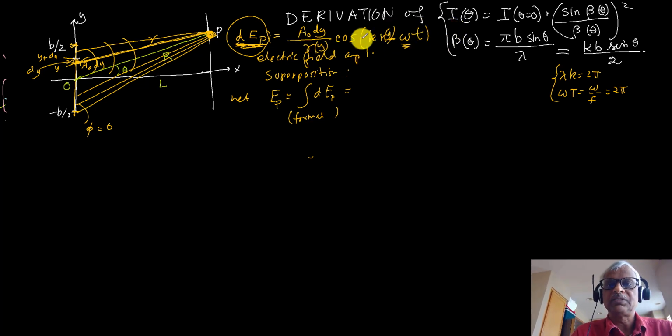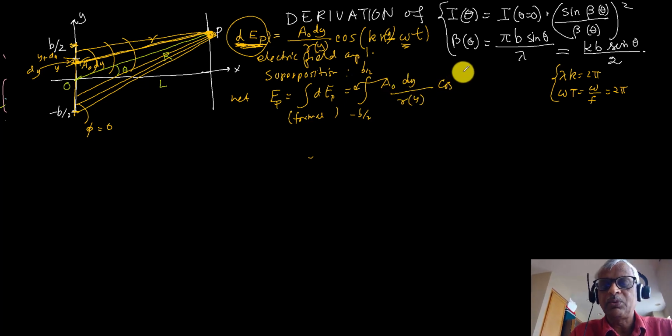So we write down the integral from minus b over 2 to b over 2 of a0, that's nothing, so it's going to come outside, dy over r, where r is a function of y, and cosine of k r, where r is a function of y, minus omega t.